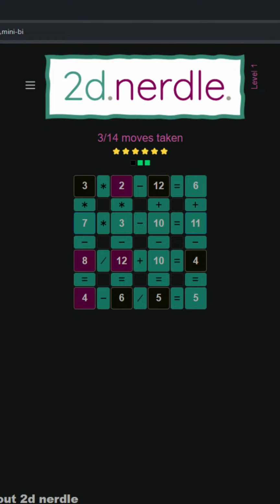Sometimes you have to get something wrong to get stuff right. 6 plus 11 is 17. 17 minus 12 gives us 5. I am in so much shame. I thought I was so right, but I was so wrong.